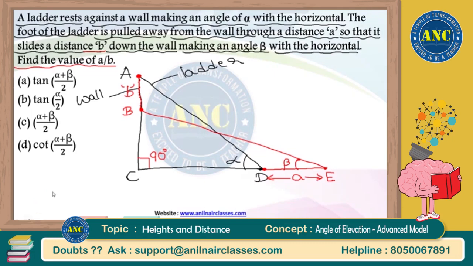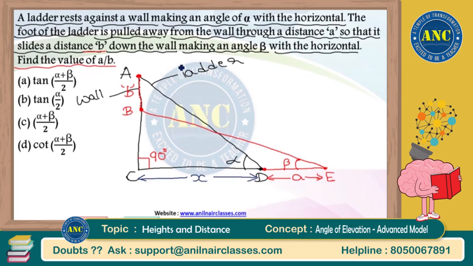Now, because I am using trigonometric ratios, let me call these unknown values. This CD I will call small letter x. Usually we do not like to solve with unknowns, but because the question itself is given in unknown values as alpha and beta and small letter a and b, I cannot help further, sir. There is no other way than this method.